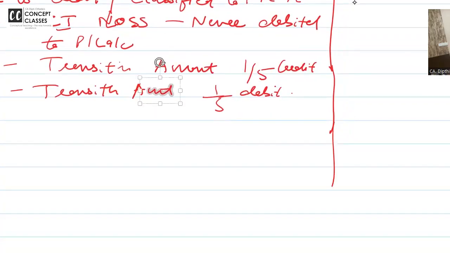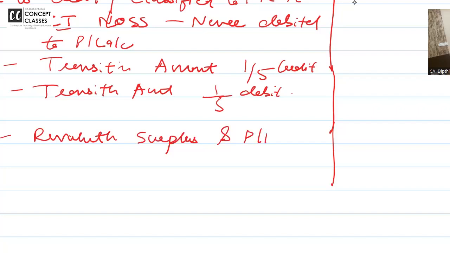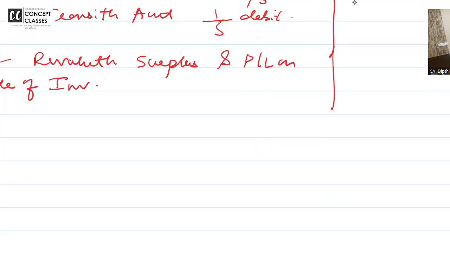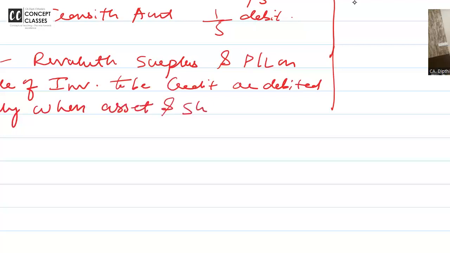Now, instead of adding, it is better we write a note. Revaluation surplus and profit and loss on sale of investment, equity instruments or investment, to be credited or debited only when the asset and shares are actually sold.